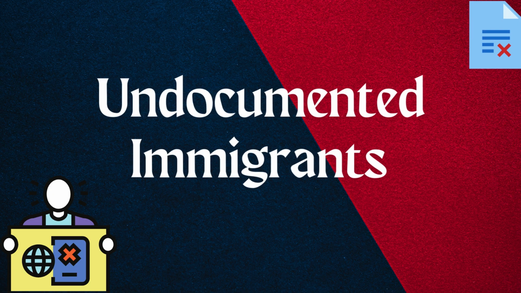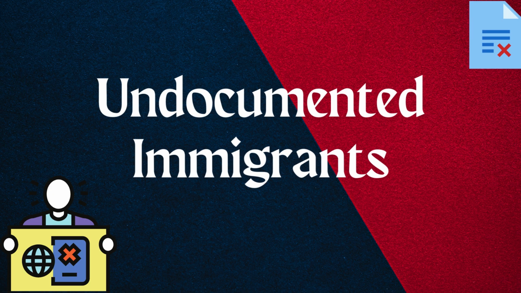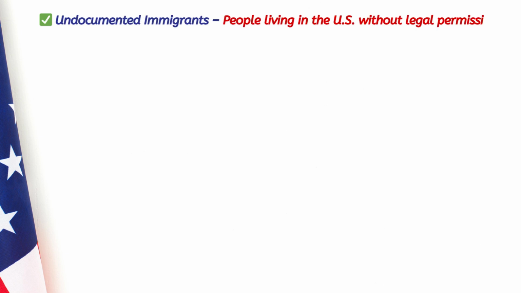And then we come to the fourth category of immigrants, which are the undocumented immigrants. Undocumented immigrants are people who are living in the United States without legal permission to live here.